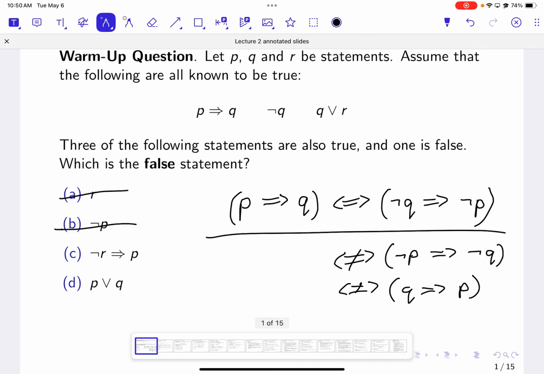As always, more on that in the readings. It's just a quirk of how implications are defined. Since we know that not R is false because R is true, this makes the implication not R then P vacuously true. So we can rule out that too.